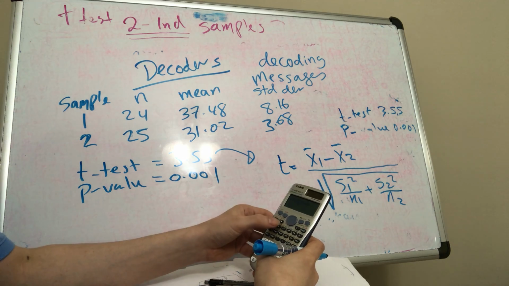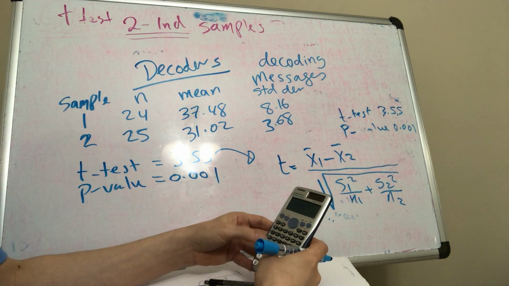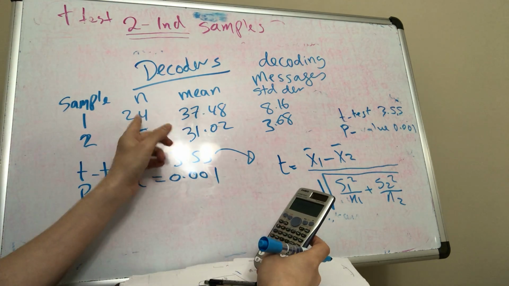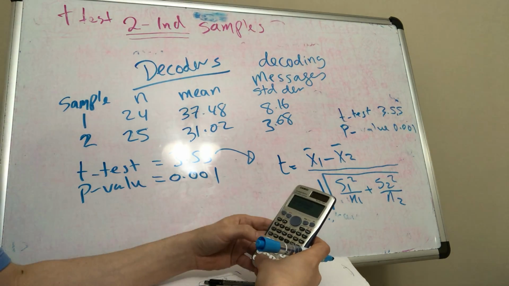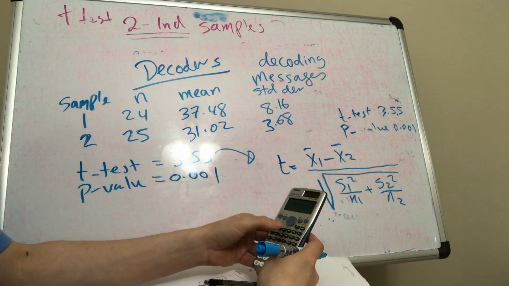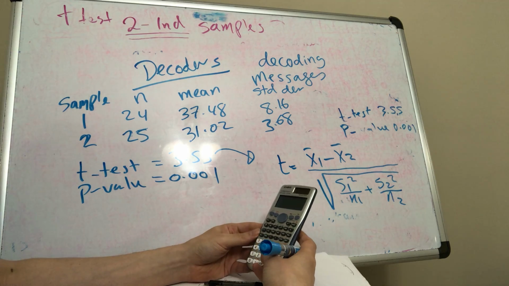In the bottom, I need a square root. Standard deviation 1 is 8.16, I square it, and I divide by the sample size 24. And then I need the 3.68, I square it, and I divide by the sample size 25.